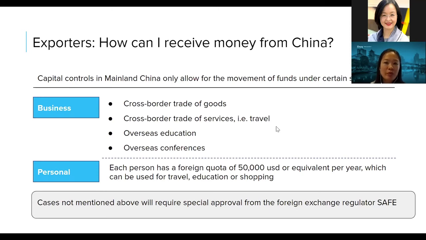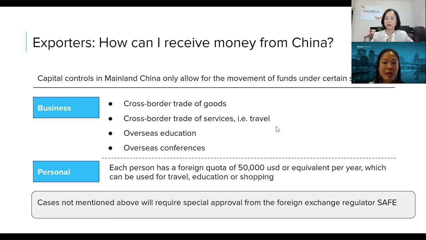So if you're an exporter that sells directly to mainland China and invoices a company in mainland China directly, you're going to be able to receive these funds from your buyer in China directly. And there isn't any cap on amount or anything. Then for individual persons, outside these categories that we mentioned, there's a foreign quota of 50,000 USD or equivalent per year, which everyone can use.